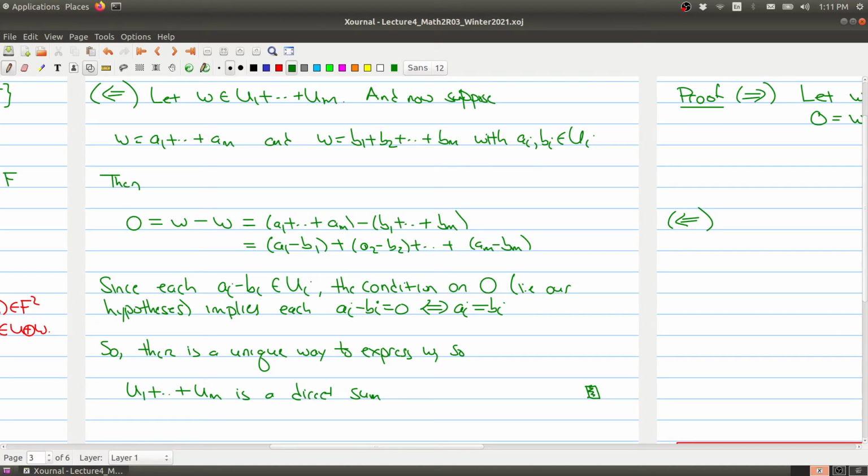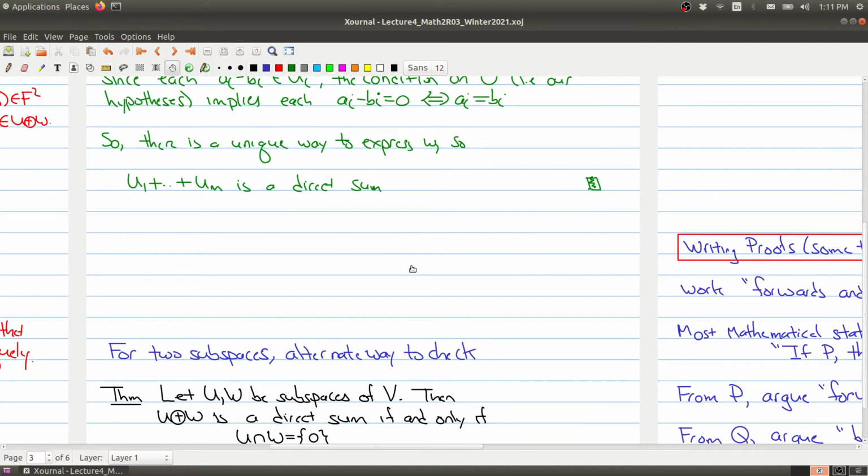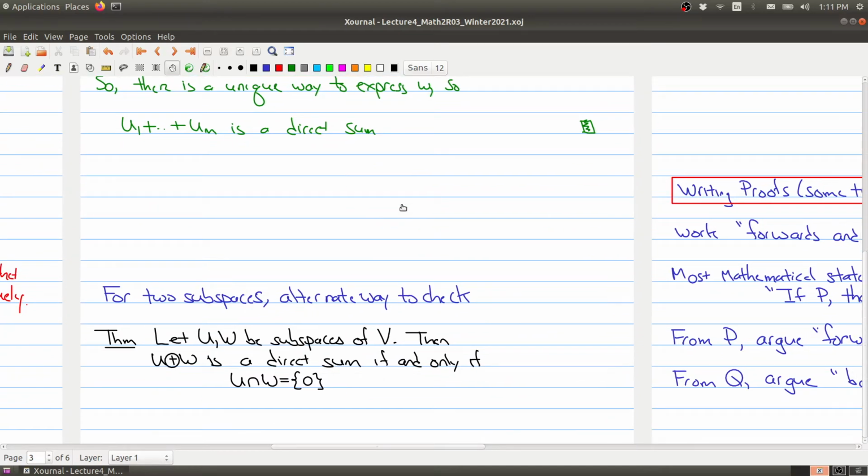Okay, so we've proved that theorem, and as I said, it's a very handy result to check whether something's a direct sum. You can just focus in on the 0 element. As a pointer, we've done it for as many subspaces as we want, but when you have two subspaces, there's an alternative way to check.